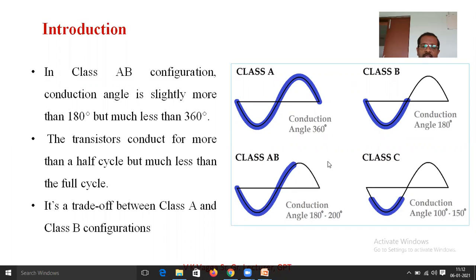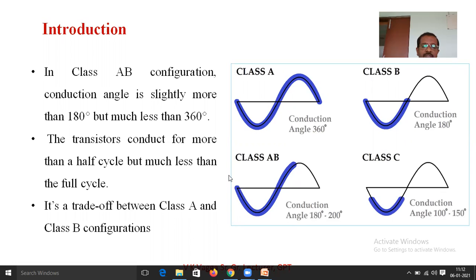And if you take class AB, its explanation is available in the name itself, AB. AB means it is less than A and more than B. Less than A means it should be within 360 degrees, and more than B means it should be above 180 degrees. Observe the blue color line here. It is more than the half cycle and less than the full cycle.